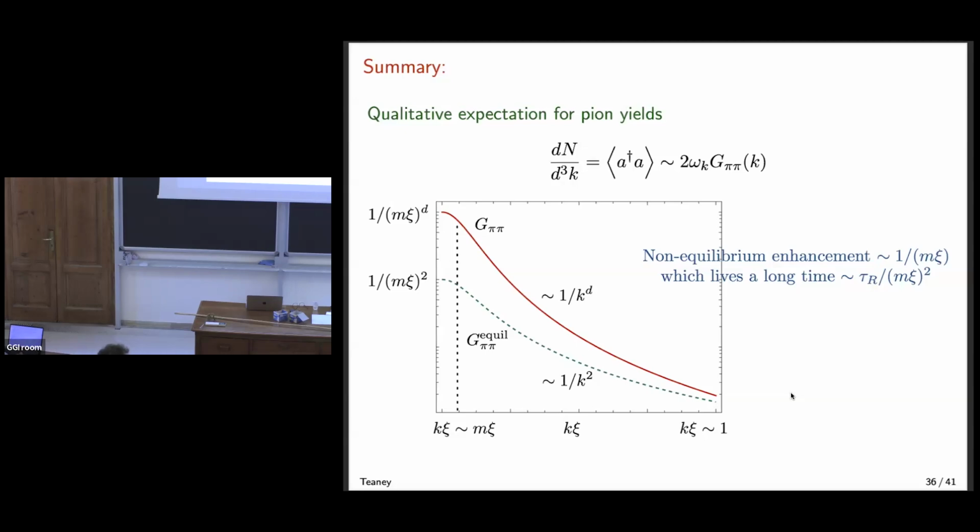They will get enhanced to a large value, by 1 over mc, and then very slowly, over a long time scale governed by the pion mass squared, which I think is long in heavy ions, it will slowly decay back to equilibrium. My guess is that you will produce an enhancement and it will basically live there until freeze out, for these soft pions.